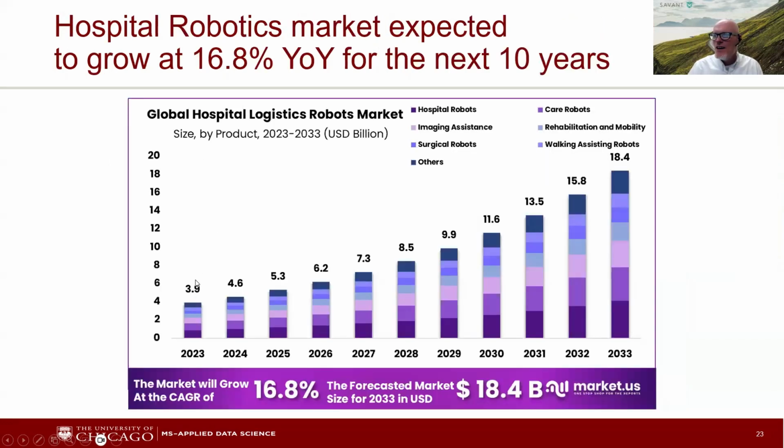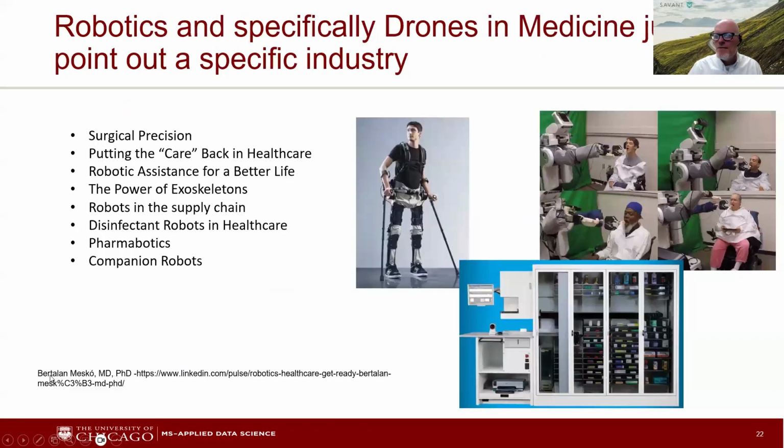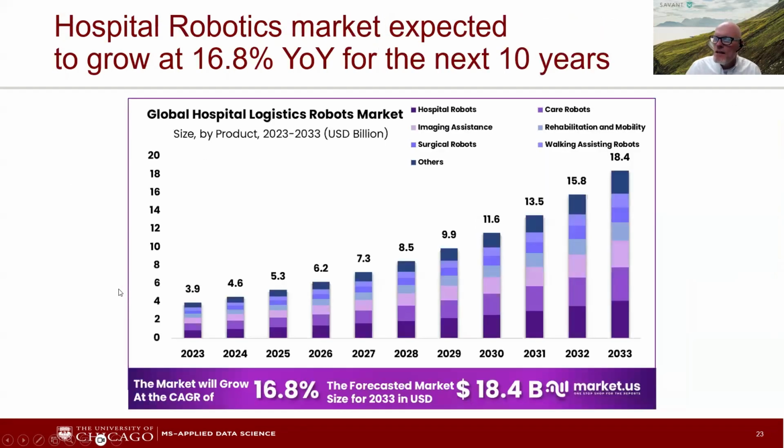And by the way, all this is from this one PhD doctor, MD, Bertalan Mesko, who I think has really led a lot of the robotics field in healthcare. So we look at growth in robotics in healthcare. It's more extreme than agriculture. Oh my God, it's growing at 17% year over year. This is just in hospitals.